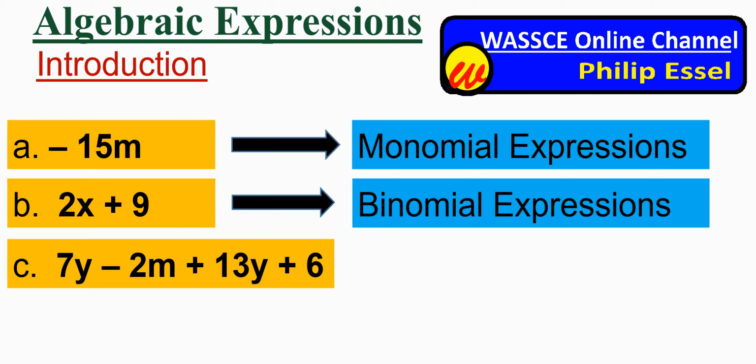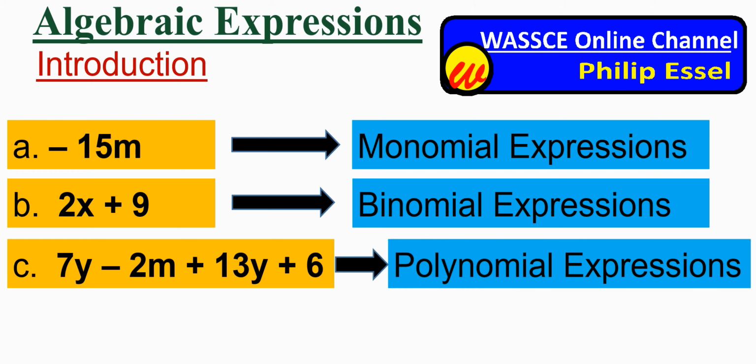And the fourth term is positive 6. Now, algebraic expressions that have more than two terms are called polynomial expressions. Remember, the prefix poly means more. So, since the example C has more terms, it is called a polynomial expression.